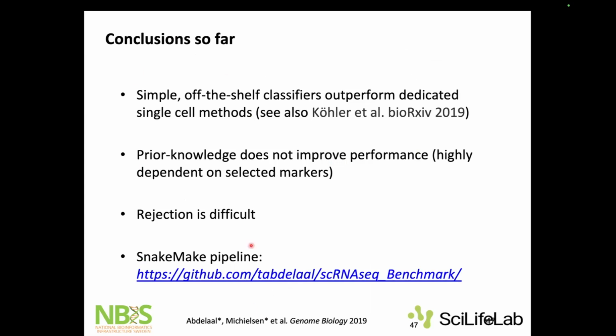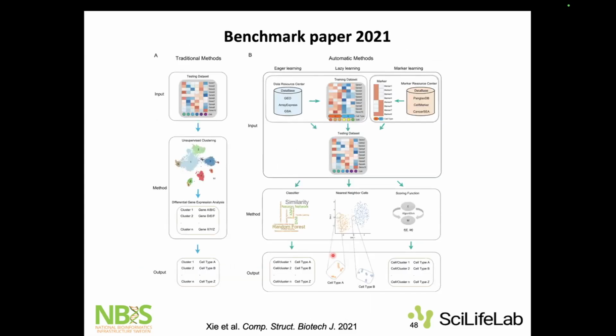And they also have this pipeline that you can run on your data and see how it works. There was another benchmarking paper in 2021 that was also comparing different methods, but here the number of methods compared was larger, and they separated the single cell annotation methods based on the machine learning method they use.